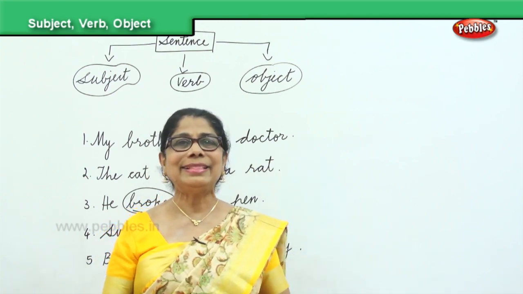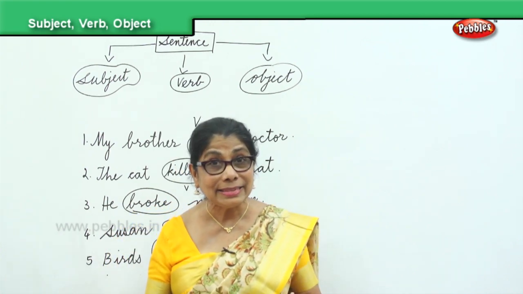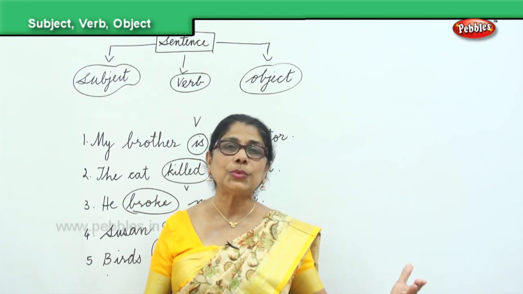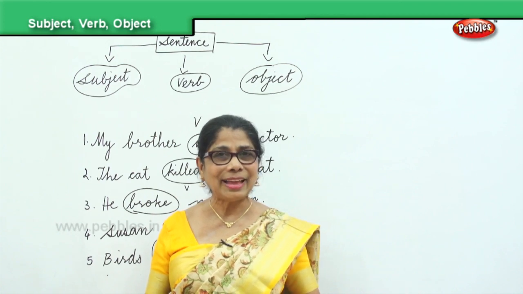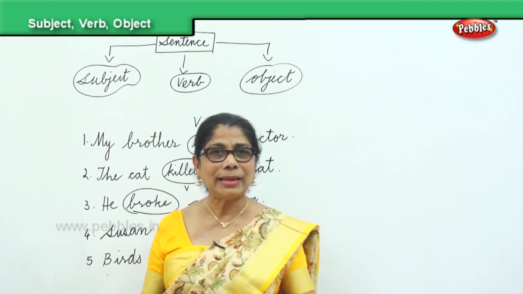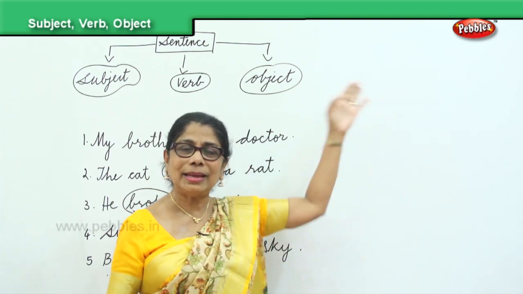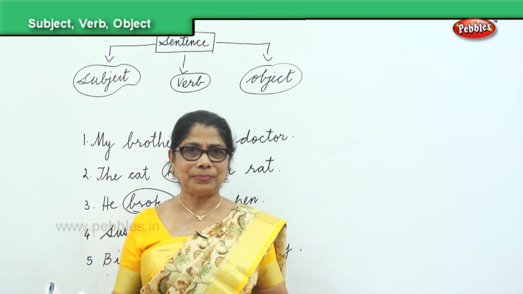Now let's say, this is a beautiful picture. Whatever you have drawn now, that's a subject. And you have done some drawing, that is the verb. Picture is the object.